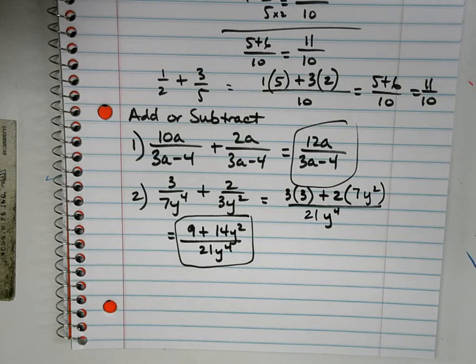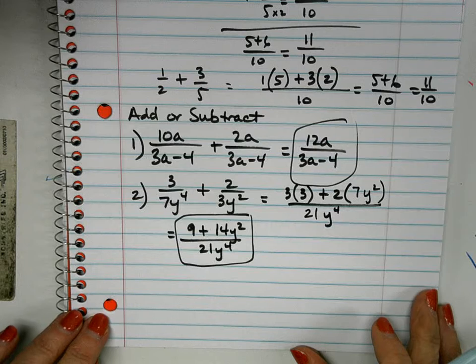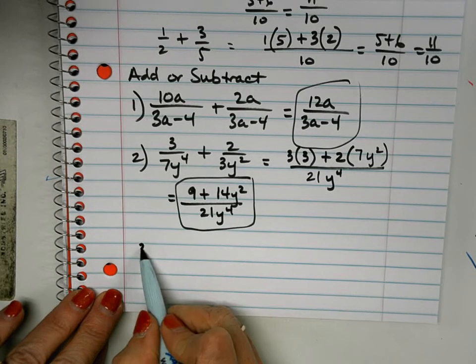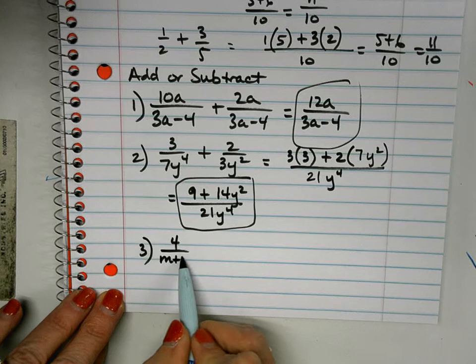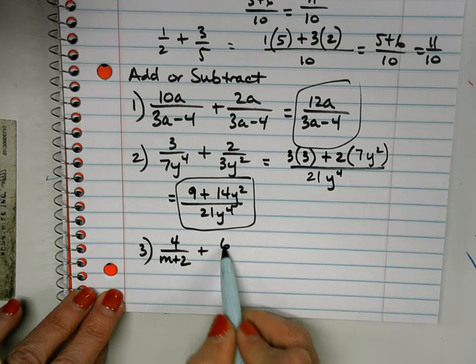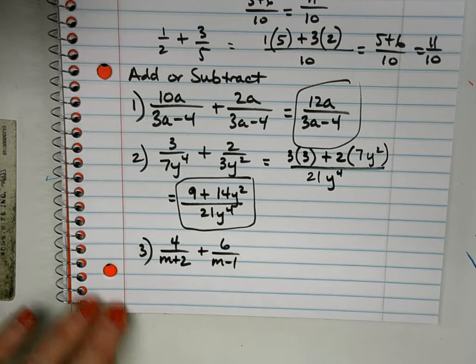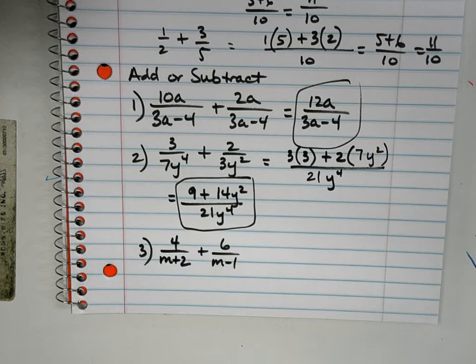I want to do another one that's kind of like this. Number 3, 4 over m plus 2 plus 6 over m minus 1. The only way you can add fractions is if you have a common denominator here, and m plus 2 and m minus 1 don't share any common factors.